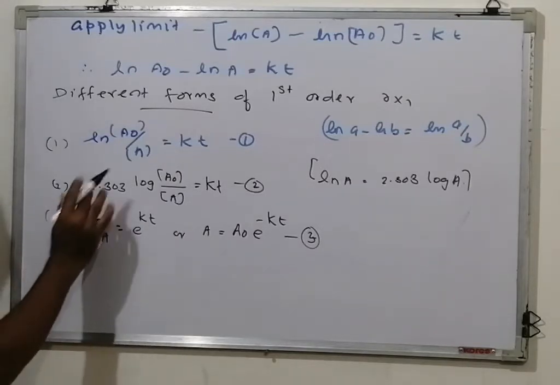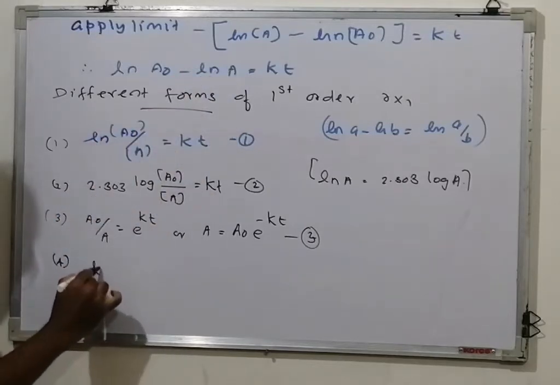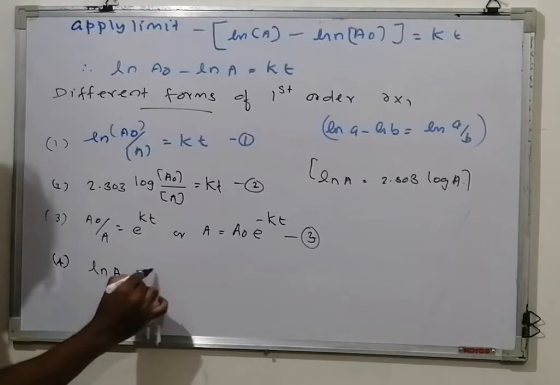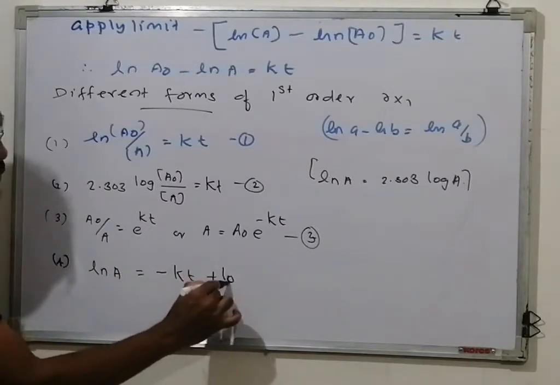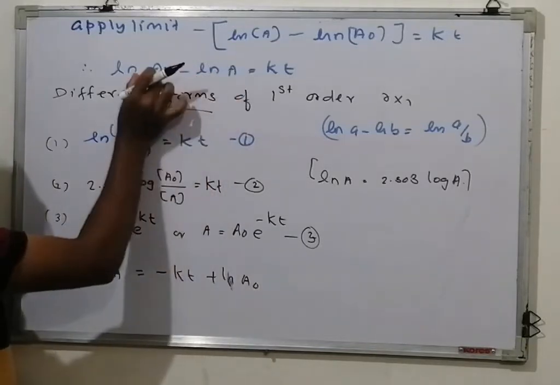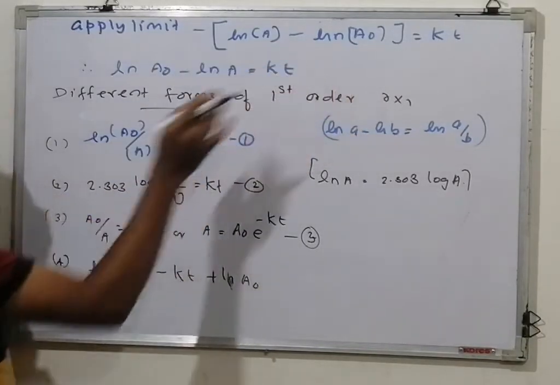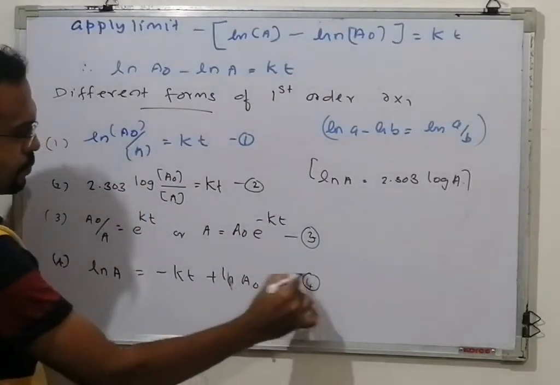Fourth is, we can rearrange this equation in another version. That is ln A is equal to minus kt plus ln A0. Ln A is put here, and the minus sign has been put on the other side. You will get it like this. Equation number 4.